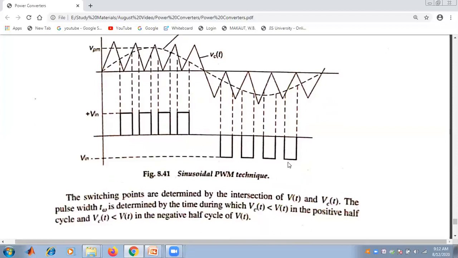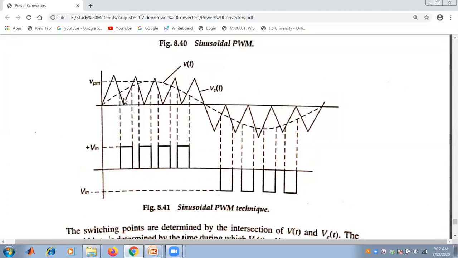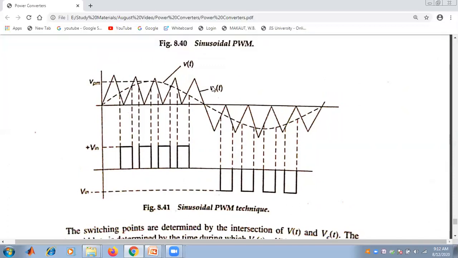The general conception is that for the positive and the negative half cycle, we have to see, for both graphs, the switching points, which are determined by the intersection of the two graphs, Vt and Vct. So we have to find the intersection points in order to determine the switching points.